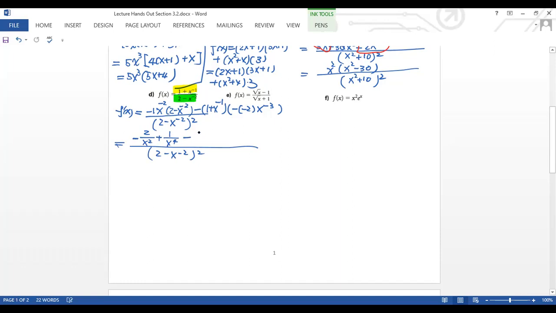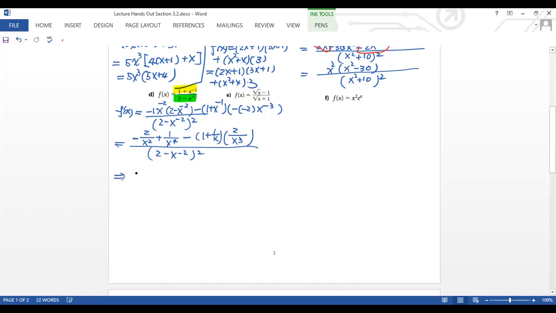Then minus, this is 1 plus 1 over x. Then minus minus is positive, so it's 2 over x cubed. So if you like, you can combine and simplify it. Here, I'm not going to spend the time on the algebra part, okay?